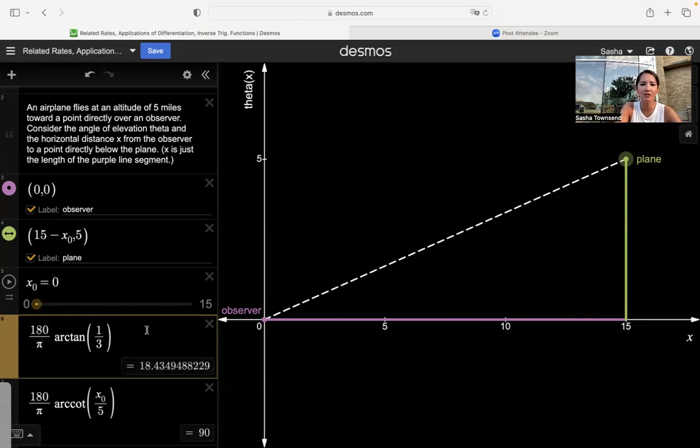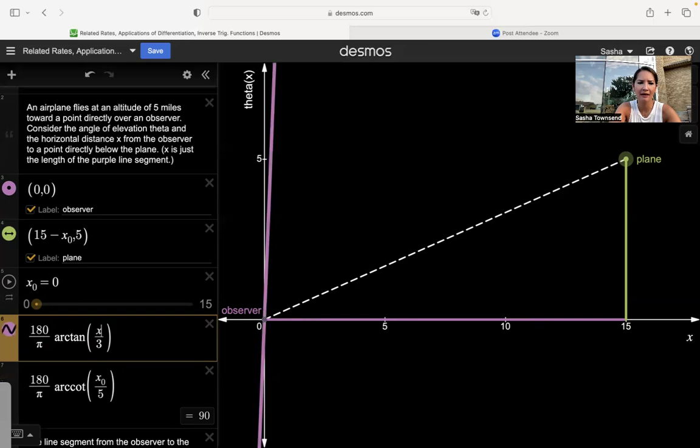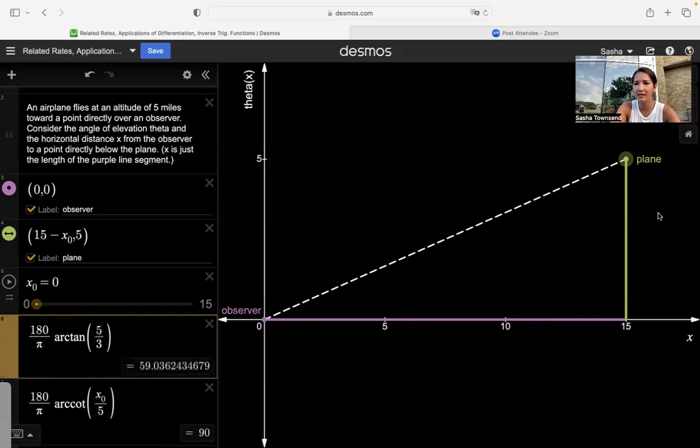And then if we want to, we can see how this value changes as that x value decreases. What did we have? The tangent is opposite over adjacent, so we're going to have 5. The side opposite our theta is always 5. That doesn't change.